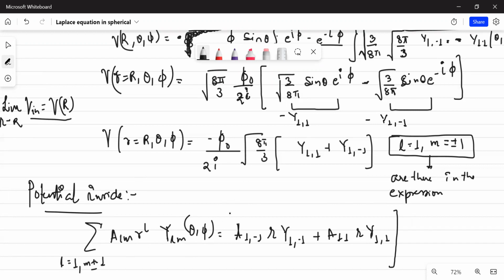But we have to only select the combinations which have Y_11 and Y_1,-1. So you just compare both of them and you will be able to find A_1,-1 and A_11. If you find A_11 and A_1,-1, you can replace them here, and then you can find the potential anywhere inside. Is that clear, or should I repeat it all over again?